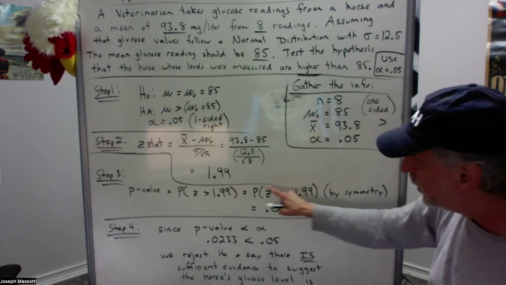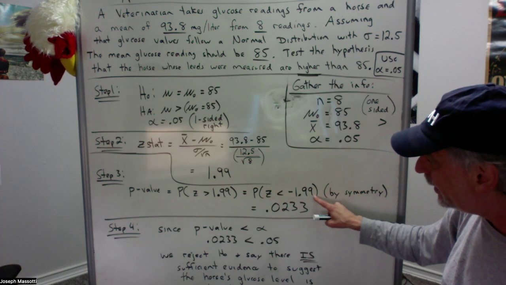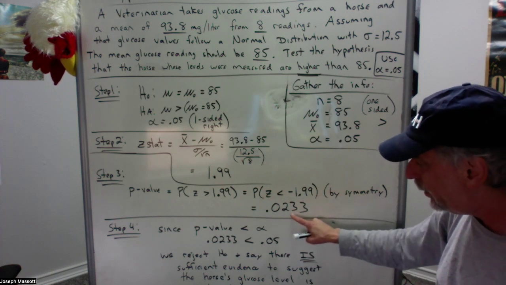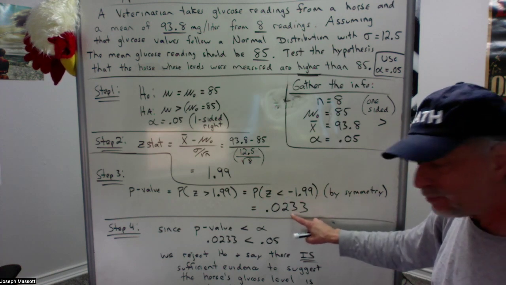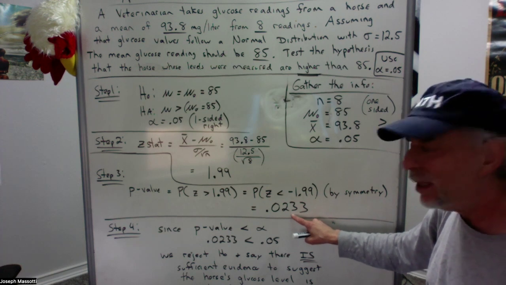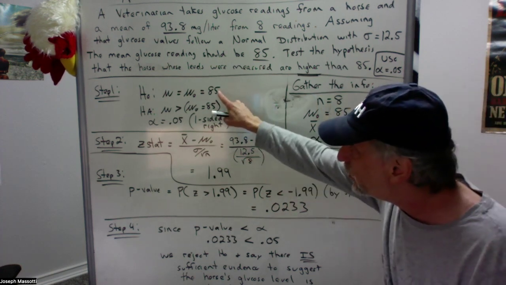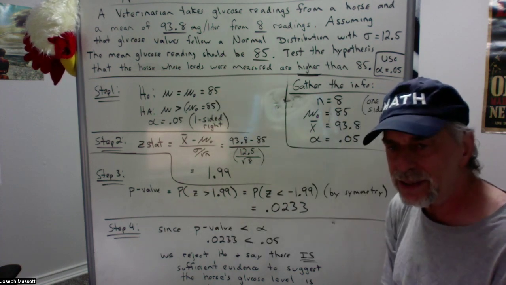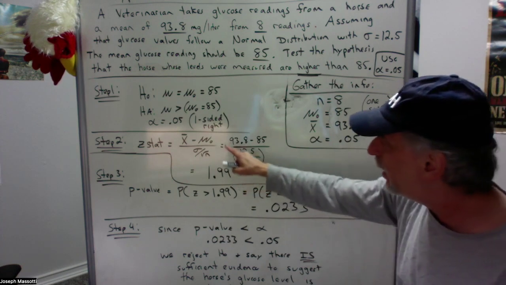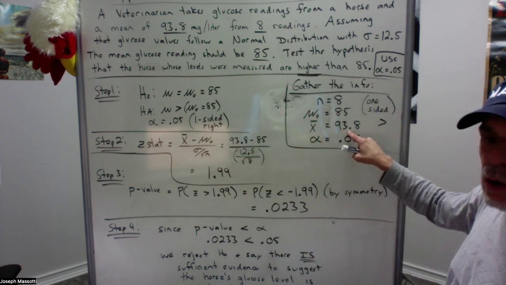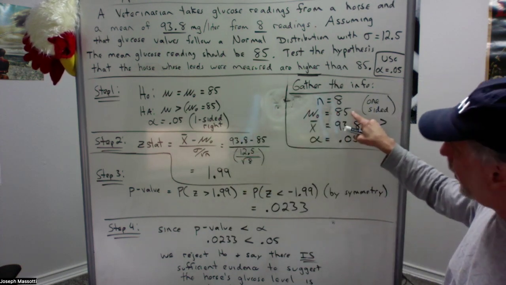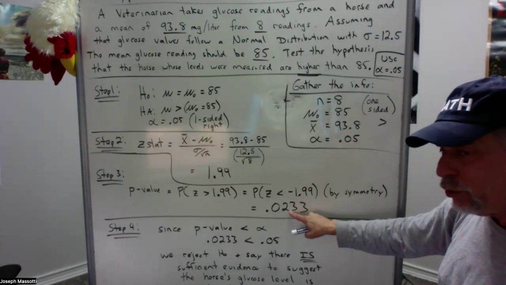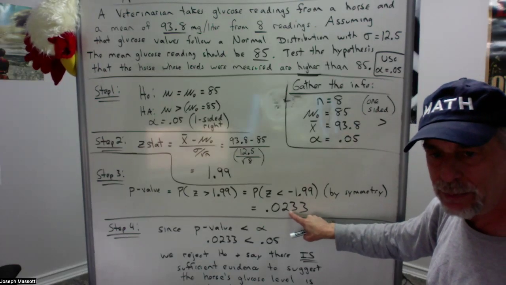So all we have to do is look up negative 1.99 in the table. We get this value. So what this p-value tells us is that if the idea going into the test is true, we're going to get a value this far away from that only 2.33% of the time.